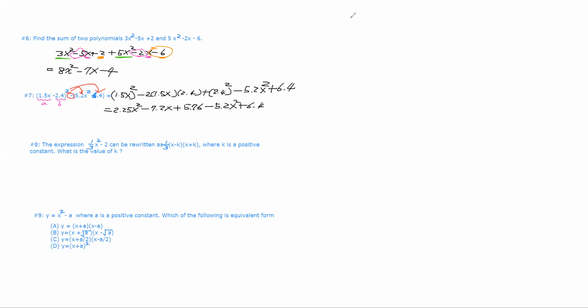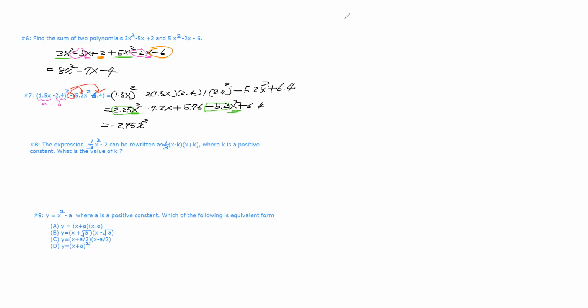Okay, now combine: x squared term, x squared term. This is 2.25x squared. What is the other x squared term? It's not 5.2, it's negative 5.2, right? So you combine 2.25 minus 5.2, and it will give you negative 2.95x squared.